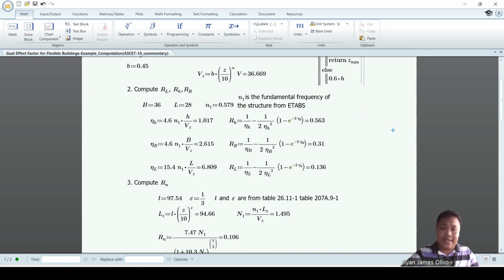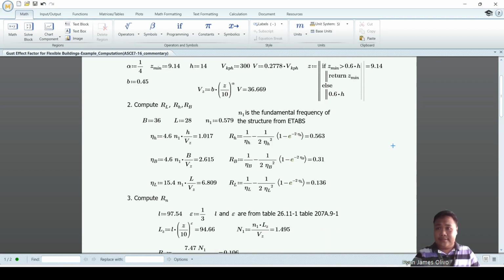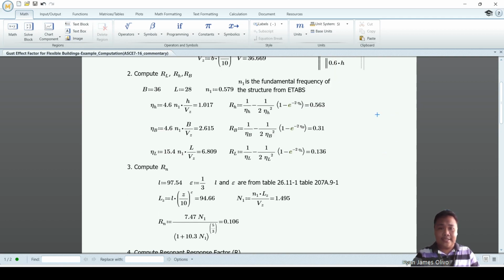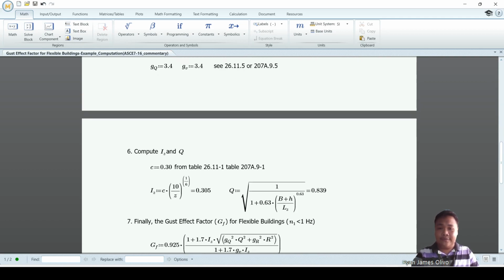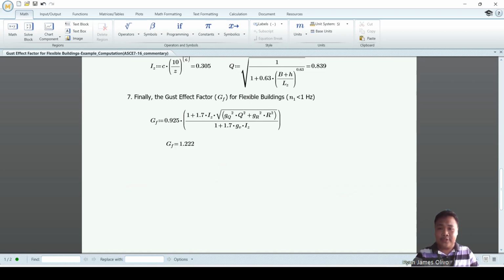I use MATHCAD, so this is automatic computation. Therefore our gust effect factor is 1.22. This is an amplification of about 22%. Do not use 0.85 because the building is not rigid.